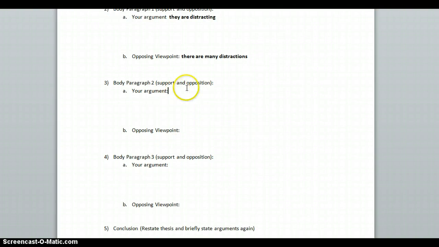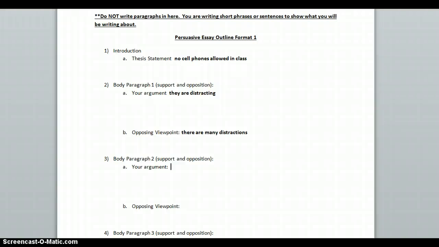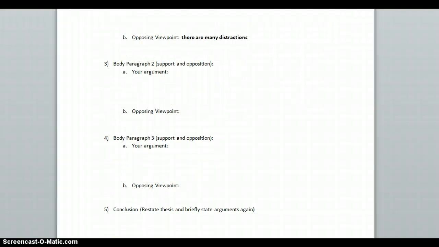Okay, so guys, as you can see, this is not supposed to be a ton of writing. Let's say my second reason why there should not be cell phones allowed in class is because there are inappropriate uses. An opposing viewpoint could be kids will use them appropriately anyway.